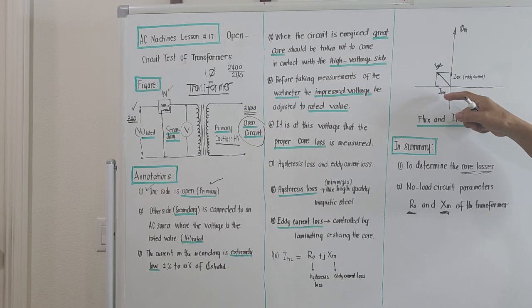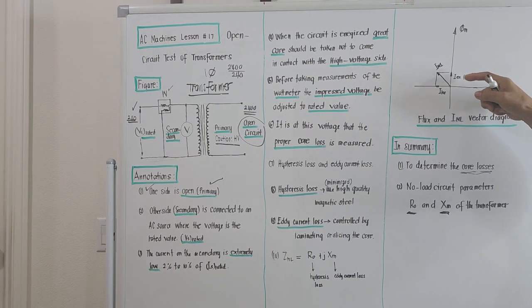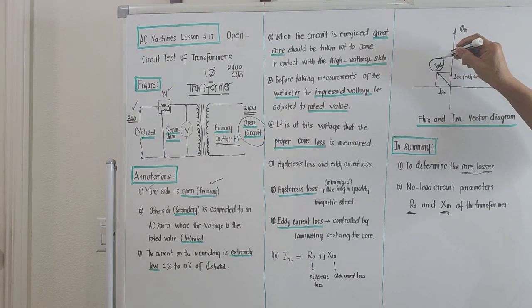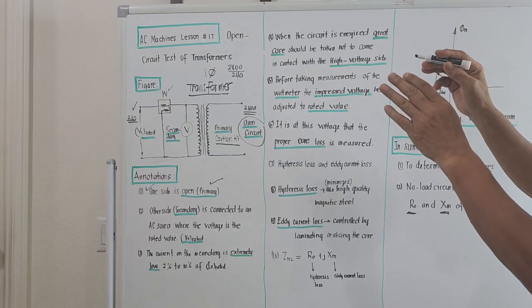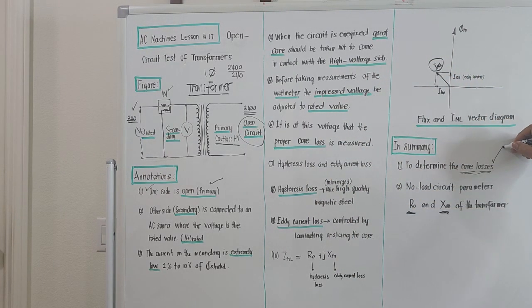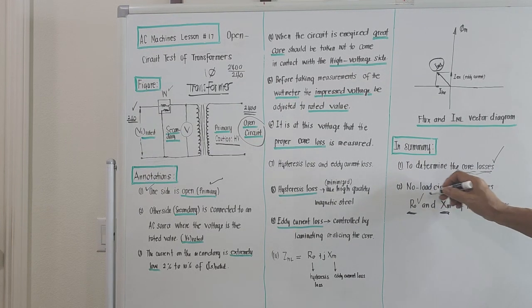So the vectorial sum of the hysteresis current and the eddy current, which is termed as the exciting current, is actually the no load current. So for an open circuit test, we are finding the core loss plus the value of RO and XM.